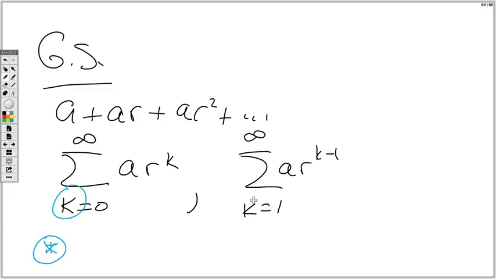Look for where the K is. You follow? If the K is appearing only in the exponent, then there's a chance that you've got yourself a geometric series. You follow? Geometric series correspond to exponential functions. In exponential functions, the variable's in the exponent. So in geometric series, the variable's in the exponent. Okay?